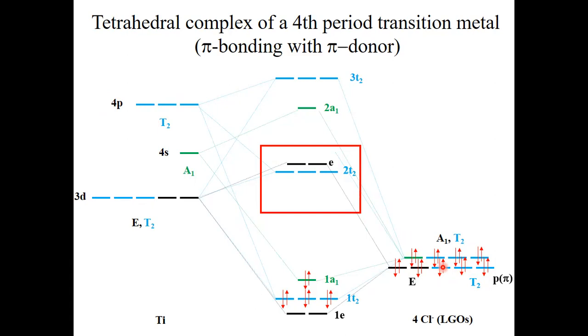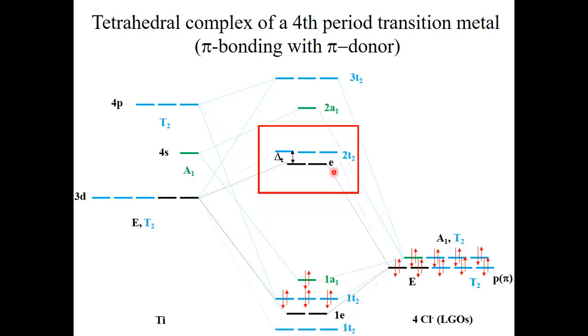Now what will happen in this case? Well, these 3 orbitals here will move up in energy, and we create an additional triplet of bonding molecular orbitals as well.